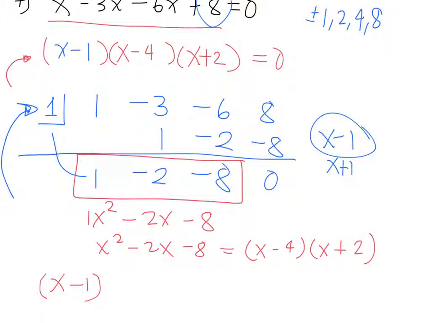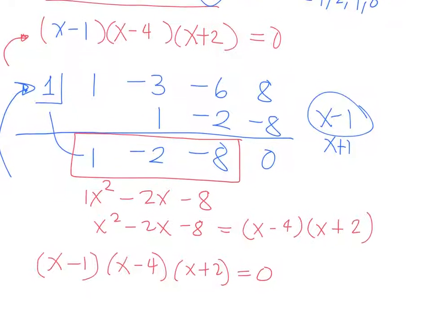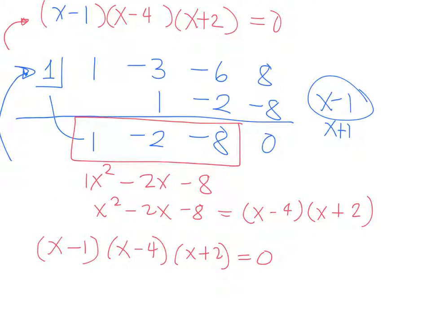So we have x minus 1, x minus 4, x plus 2 equal to 0. We are solving for x that will make this equation 0. And those are the numbers that will make each factor 0. X minus 1, 0, x minus 4, 0, and x plus 2, 0.